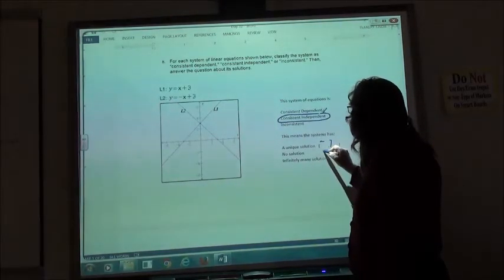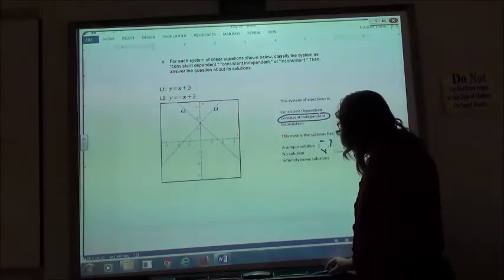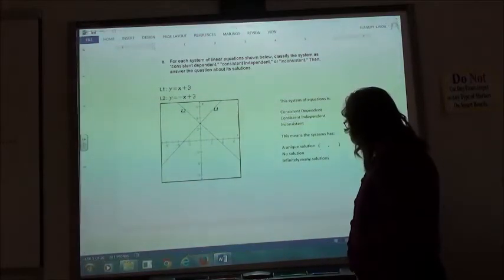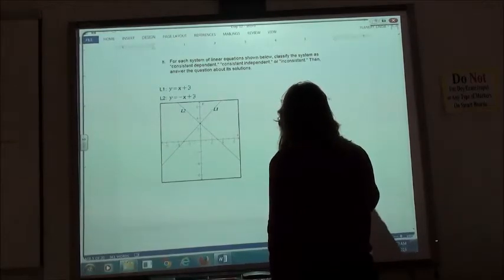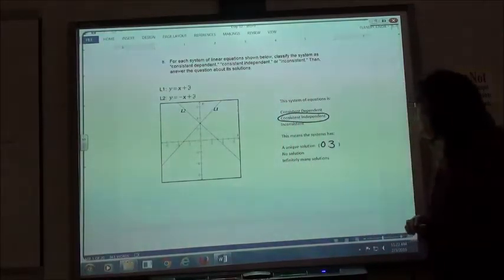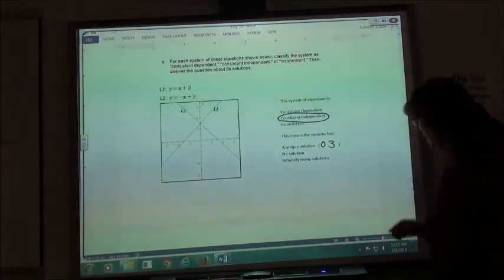So consistent, independent, unique solution, 0, 3.